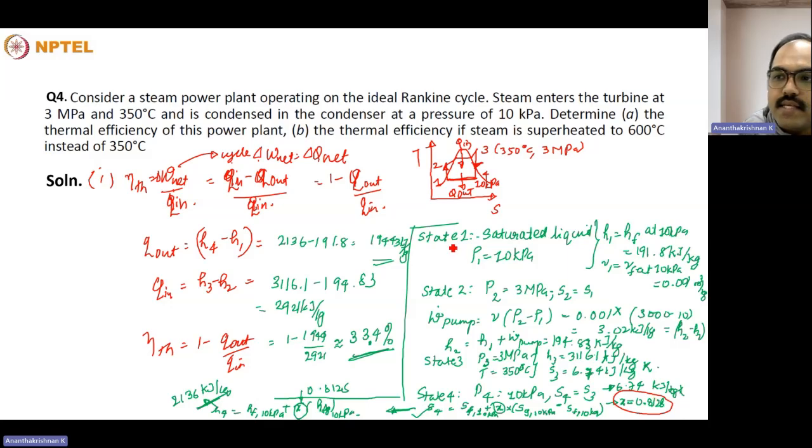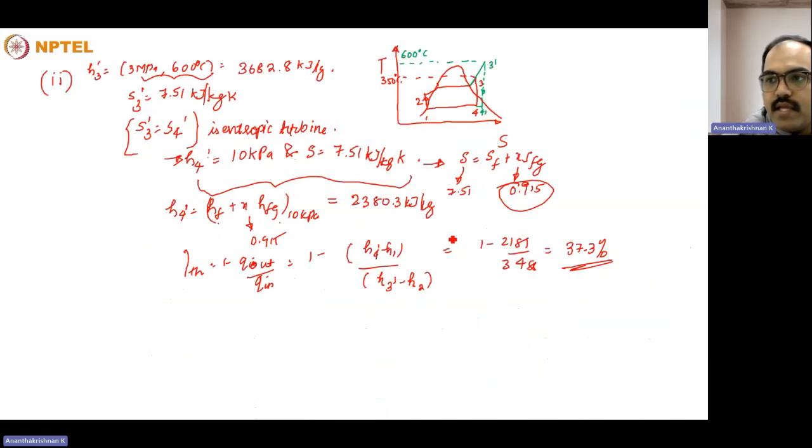And in the second case, that is a much higher vapor fraction, and its value is 0.915 in the second case. The dryness fraction moves towards the right.